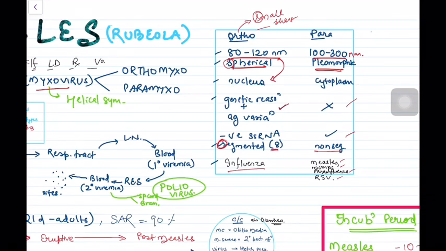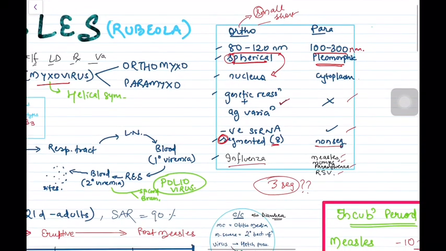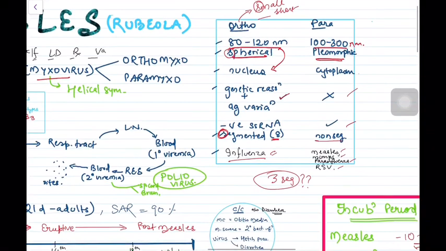Now can you tell me which virus has only 3 segments? Write down in the comment, or I'll tell you at the end of this video. The example for orthomyxo is influenza virus, while for para it is measles, mumps, parainfluenza and RSV, respiratory syncytial virus.